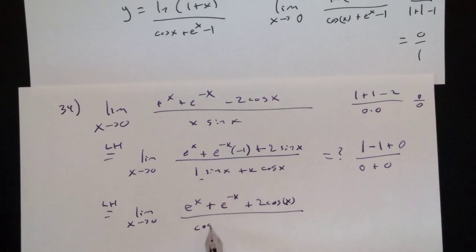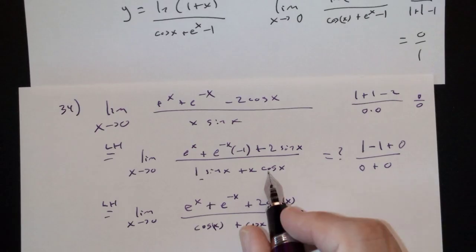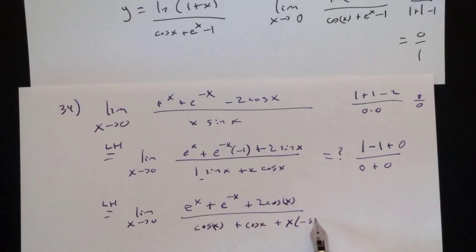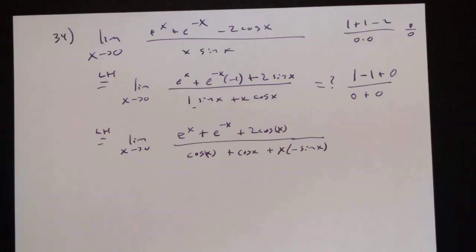The derivative of sine is cosine. The derivative of x is 1. Derivative of cosine is minus sine. What happens when I plug in 0 this time?